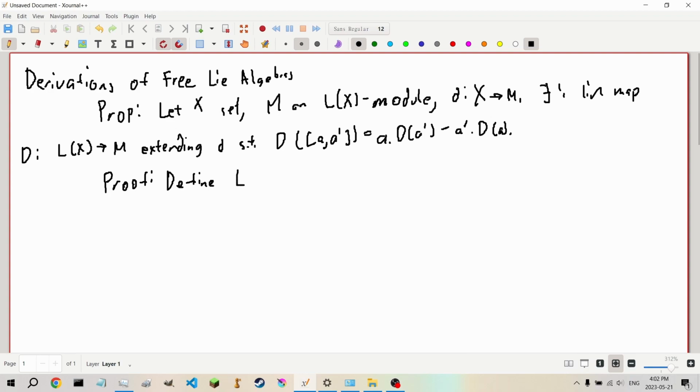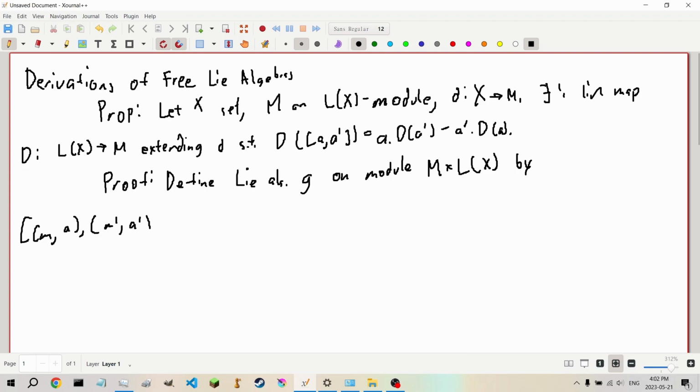Define a Lie algebra G with underlying module M times the free Lie algebra of X, with the bracket of a module element and free Lie element times m' being a'.